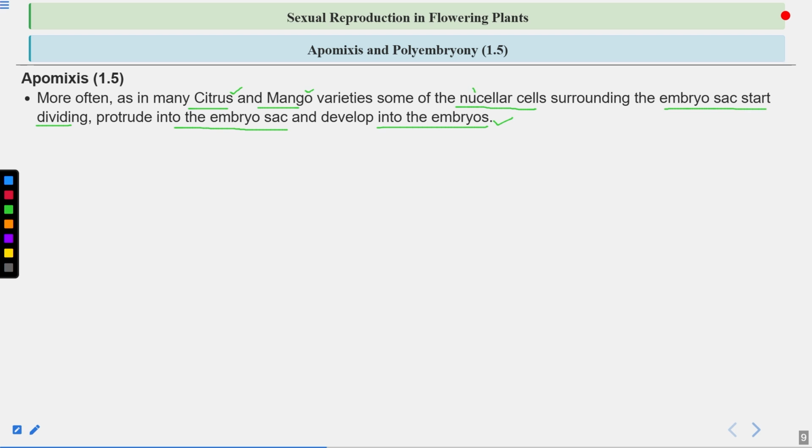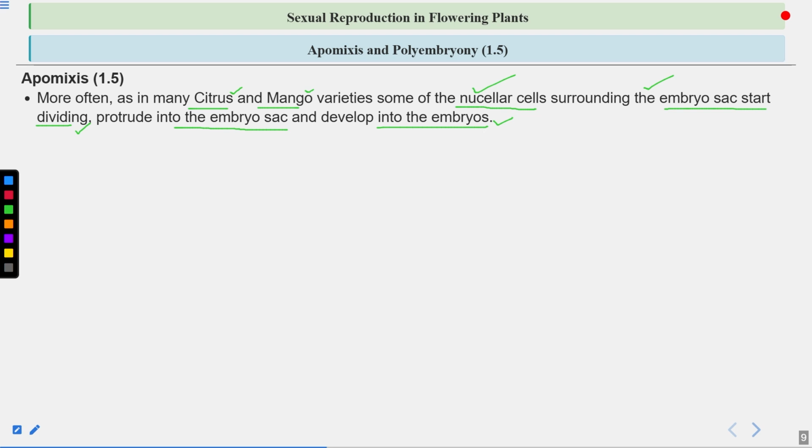All the nucellar cells are diploid. They are present surrounding the embryo sac, and they start dividing.